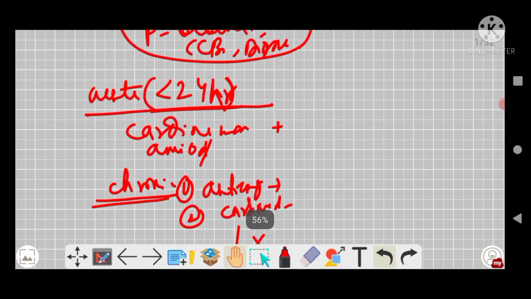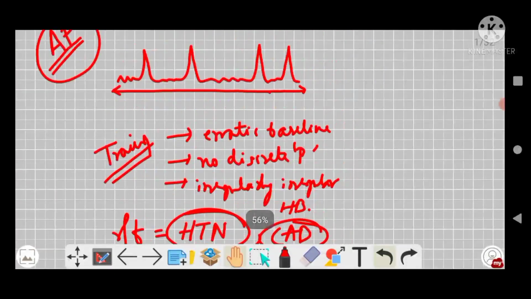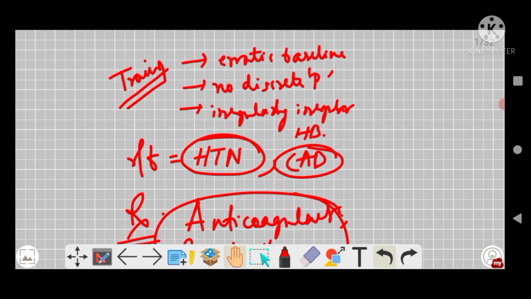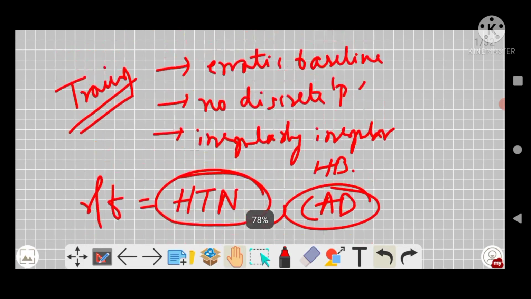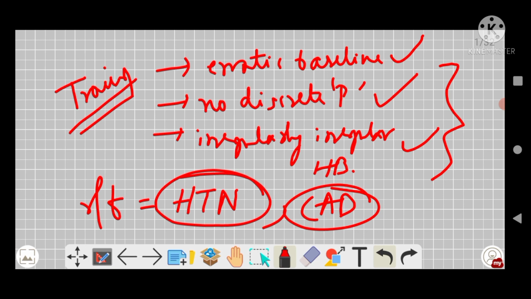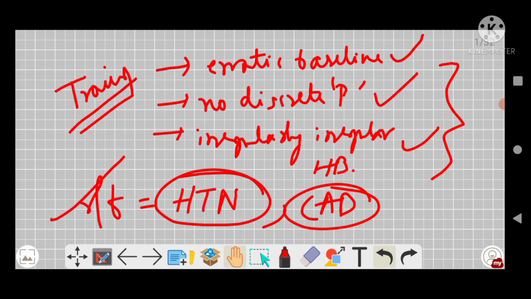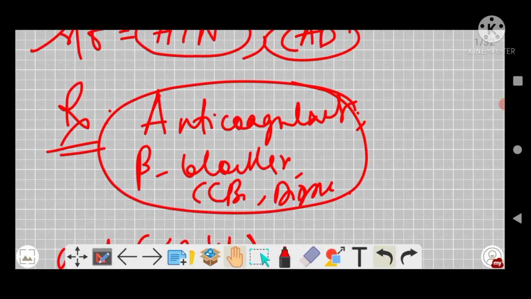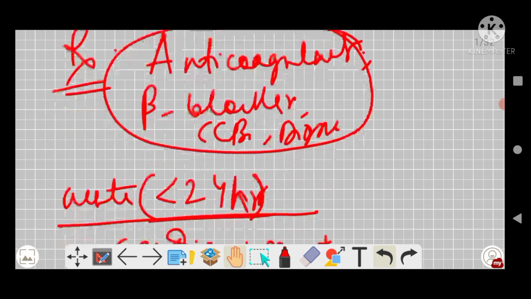So this is in brief about atrial fibrillation. First of all, there is an erratic baseline in the tracings, no discrete P waves, and an irregular heartbeat. Risk factors are hypertension and coronary artery disease. Treatment is anticoagulants, beta blockers, calcium channel blockers, and digoxin.